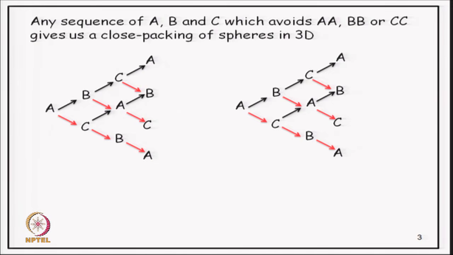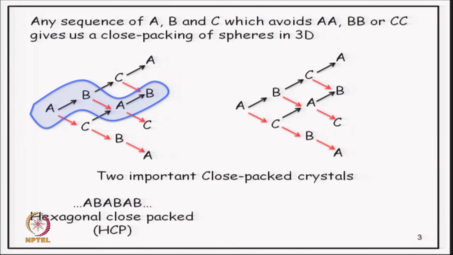So, a variety of, or infinitely many, different kinds of close packed structures are mathematically or theoretically possible, but nature prefers especially two of them, and these are two important classes of close packed structure. One such sequence is shown here as AB, AB. So, if we place an A and then on that a B layer, then again A and then on B, always avoiding the C sites, we get a stacking sequence AB, AB, AB.